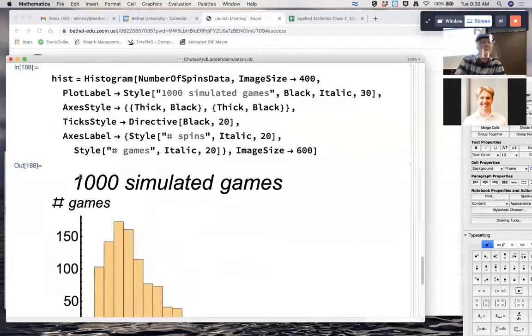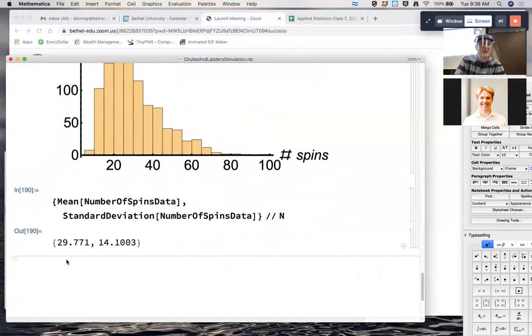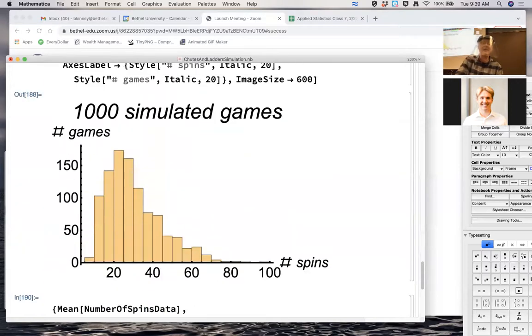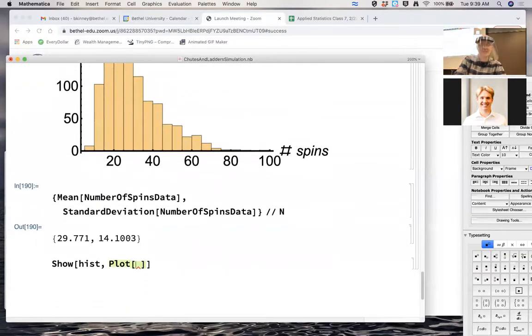This plot I've labeled hist for histogram. I could try combining that histogram plot, using Show, with a plot of the PDF, probably multiplied by some scaling factor to make sure it scales up high enough. But in Mathematica, here's code to get the PDF. You don't even need the formula.